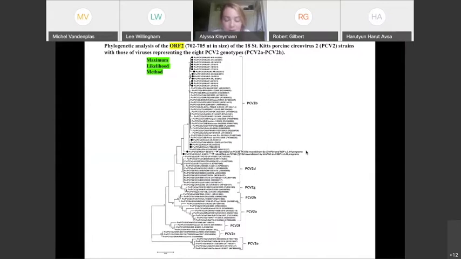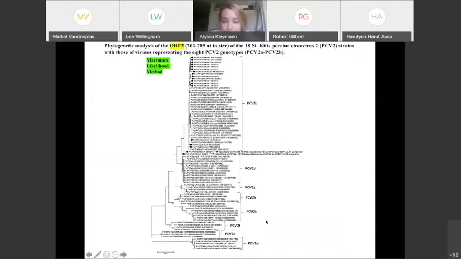So to start, this phylogram is looking at the ORF2 of our 18 St. Kitts porcine circovirus 2 strains. And you can see that 16 of our strains clustered with the PCV2B bracket.